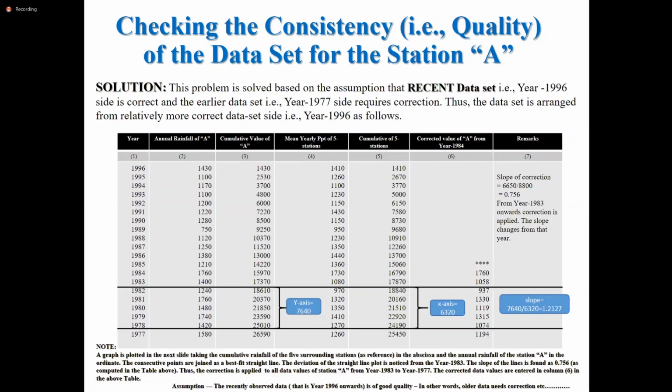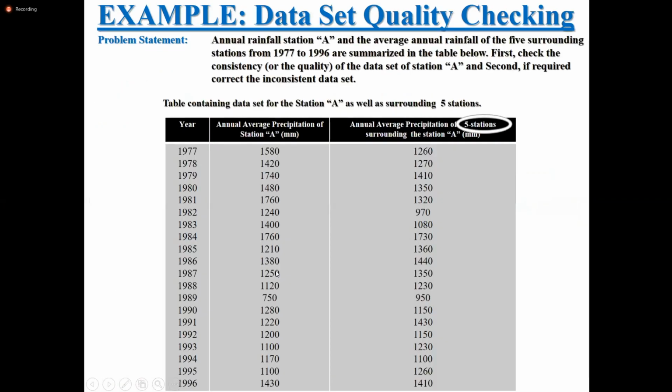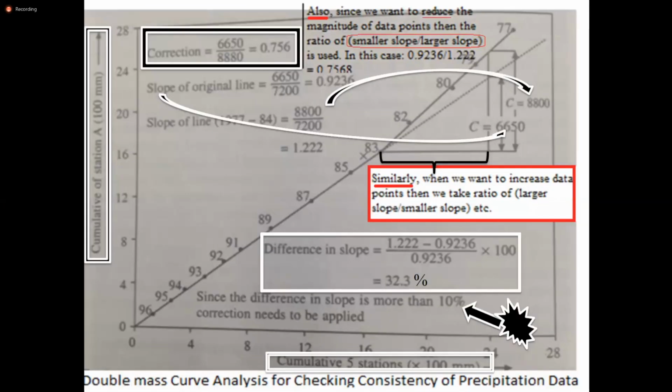So in this table, we want to find the slope of this line. What is the slope of this line? We have data from here to here, so we can pick the data from anywhere to anywhere and find the slope. Slope is rise over run.